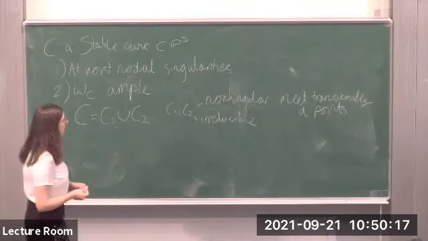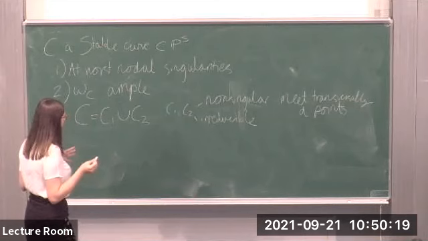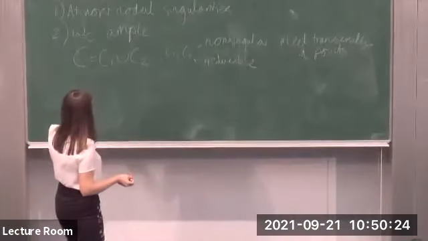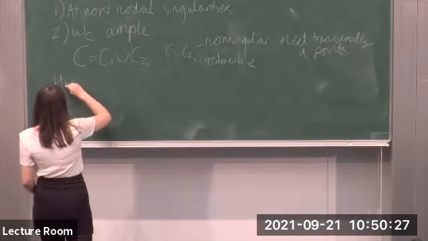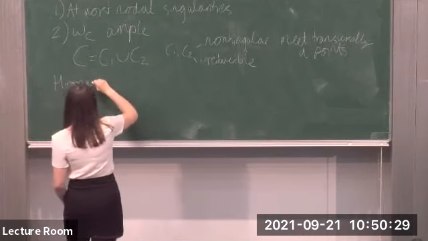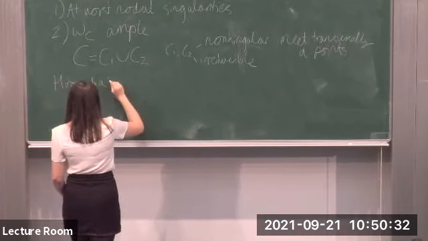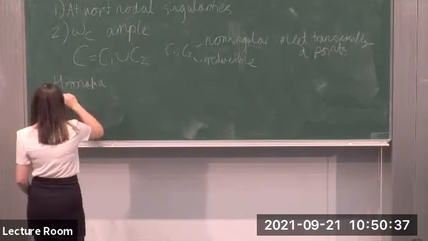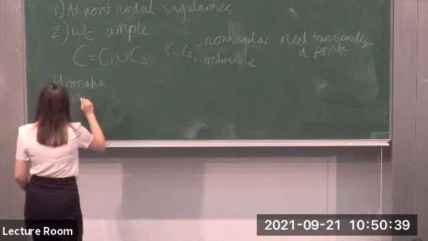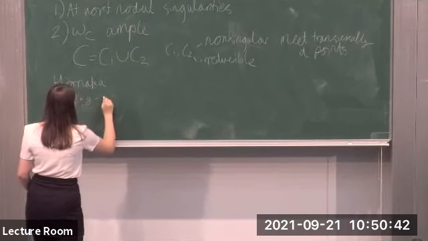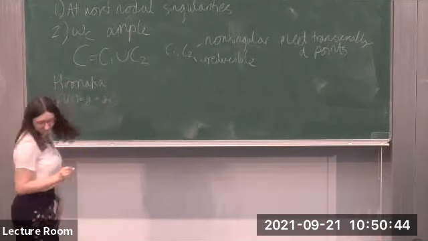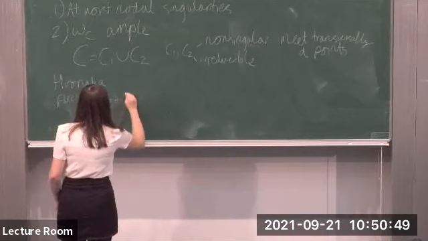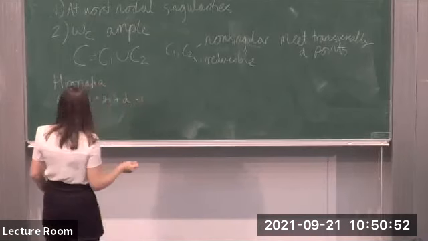From this specific setup, we can get some useful information. One result, I think it's actually Hironaka's work from his master's thesis, is that the arithmetic genus of C is equal to the sum of the genus of each of our two curves, plus the number of points of intersection minus 1.